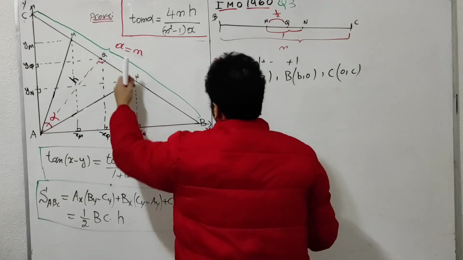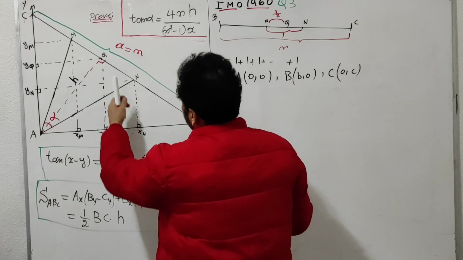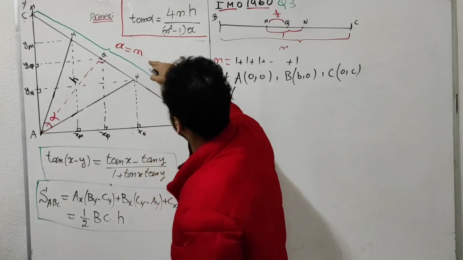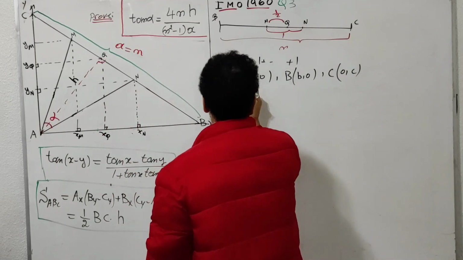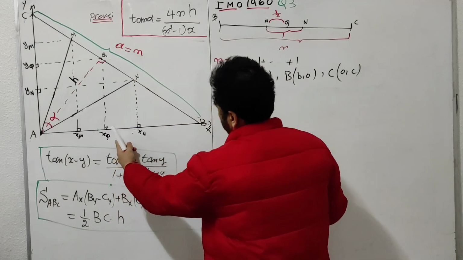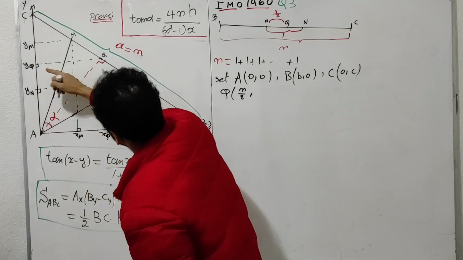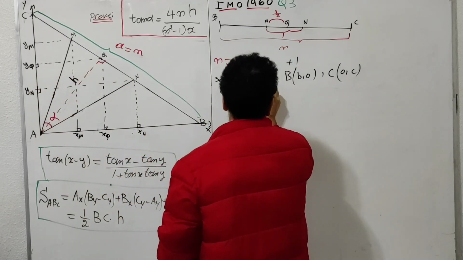Now I'm going to determine the coordinates of these points. Let's start with the point Q. Since Q is the midpoint of segment BC, and we know that BC equals n, that means the input of Q is n over 2. For the output, by doing the projection line, I get n over 2 as well.